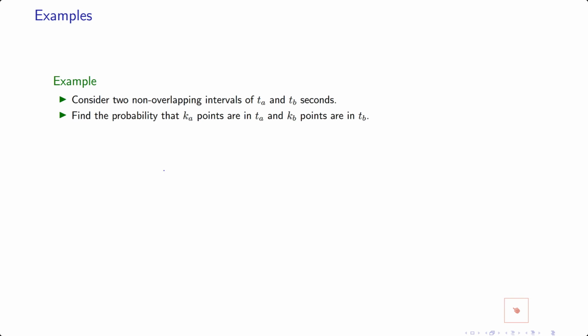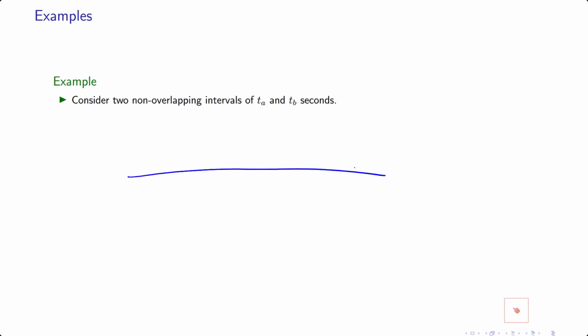Now, if you consider two non-overlapping intervals, so suppose that you have an interval here, this duration is Ta, and this duration is Tb.